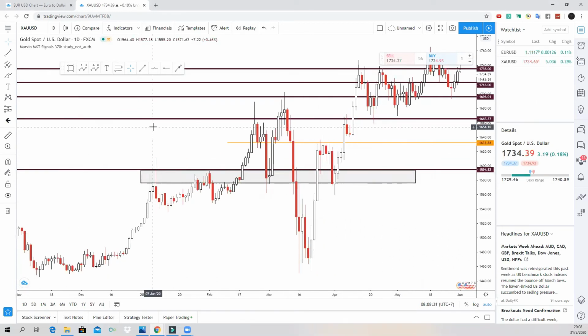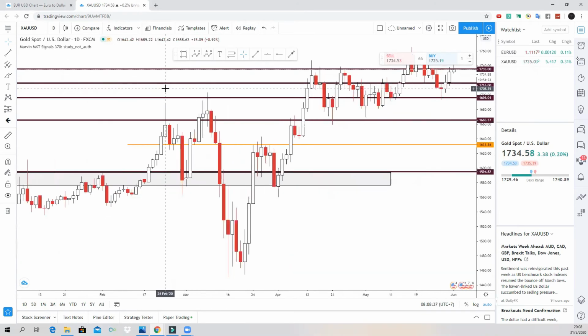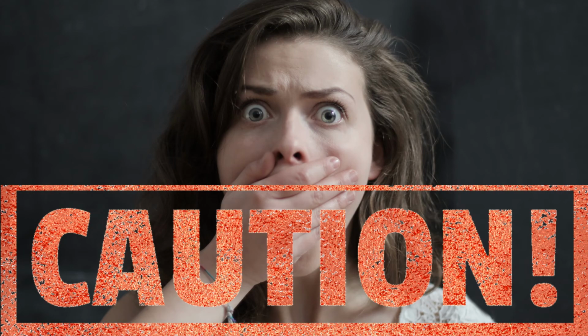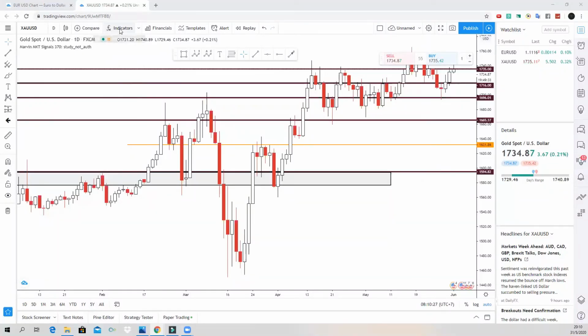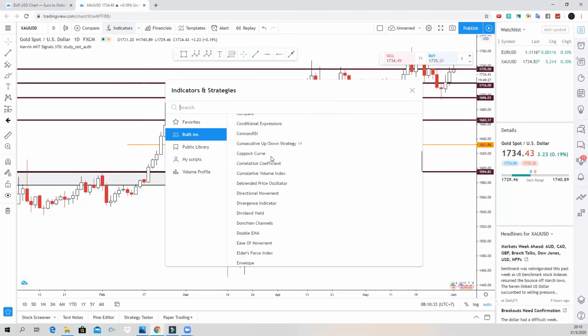TradingView also has options, indicators, or technical oscillators for strategies within technical analysis. Warning! We should not depend on oscillators and indicators for our technical analysis, and we will talk about that in our next videos. We are going to click on indicators and strategies, and we see that we have some options to choose from.